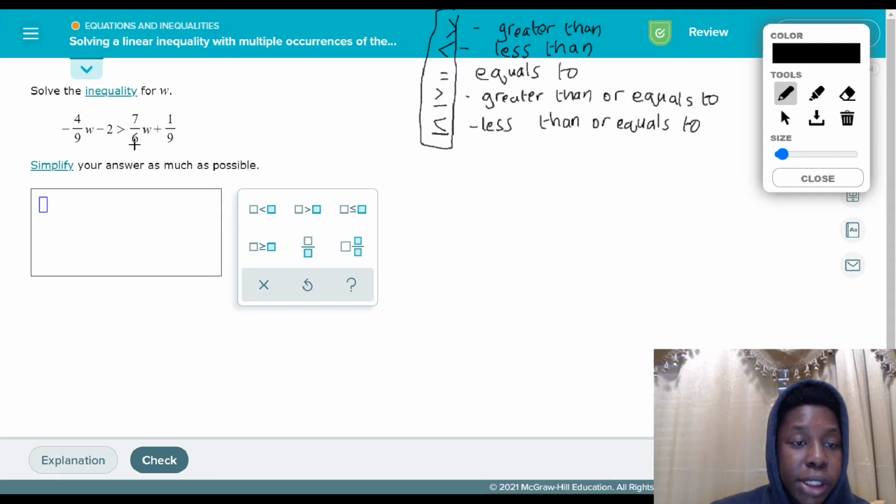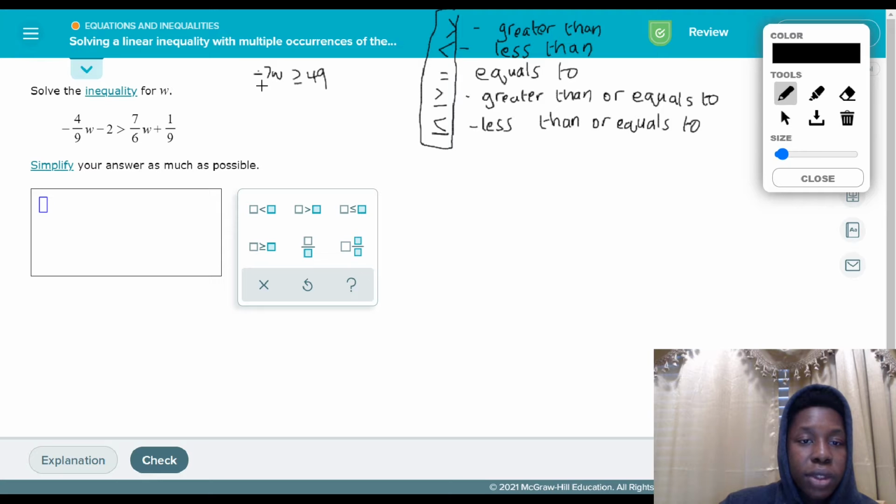Let's look at this question. This question asks us to solve the inequality for W. One thing I want to address is to treat this like you treat any other equation given to you. The only difference is whenever you have to divide both sides by a negative number, the sign flips. Let's say we have minus 7w greater than or equals to 49.